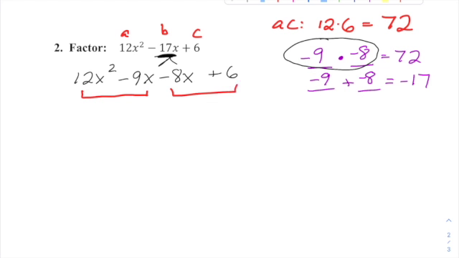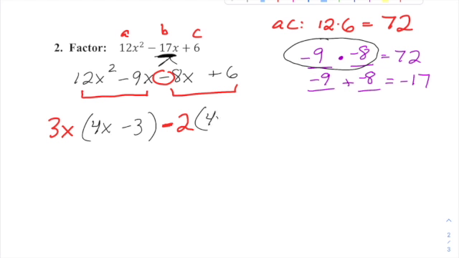Out of the first group, what can you take out? 3x. When you take out 3x, you'll have 4x minus 3 on the inside. From the second group, it starts with a negative, so I'm going to factor out a negative, typically. And out of here, the greatest common factor you can take out is negative 2. When you take out negative 2, just remember both signs are going to change.